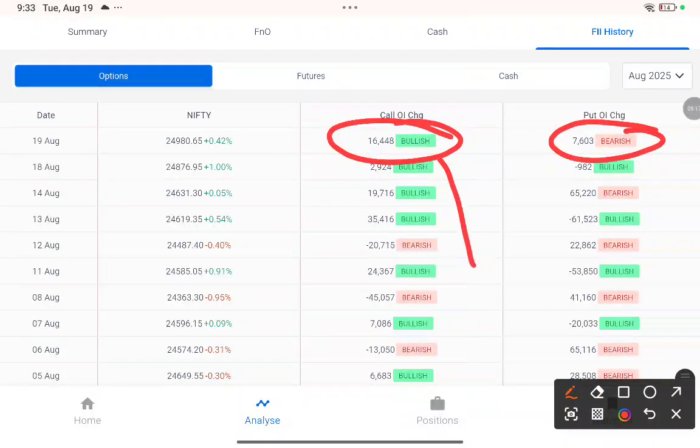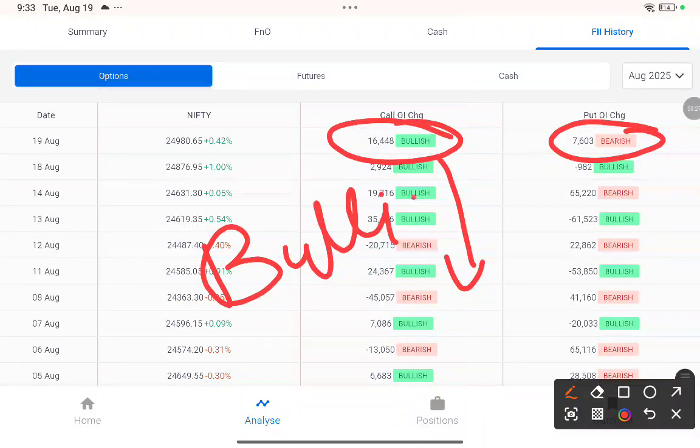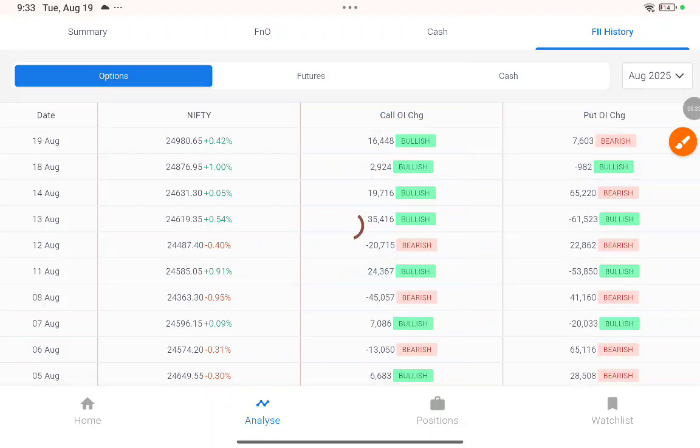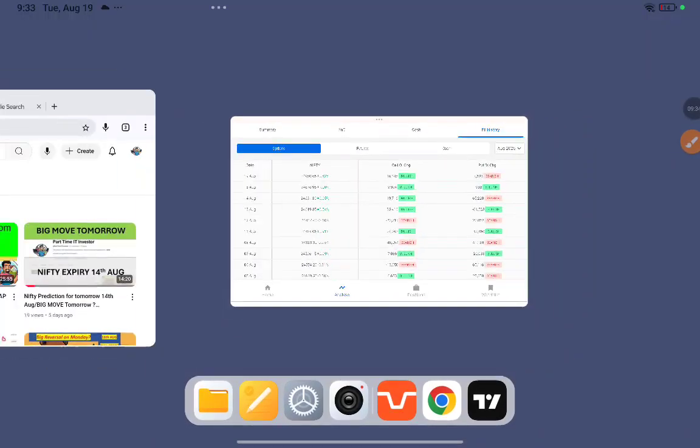So this is definitely pointing towards a bullish opening at least. It can end up negative tomorrow, but the opening at least I'm expecting to be bullish, based upon this data and the open interest data. All right, that's it on the Nifty side.